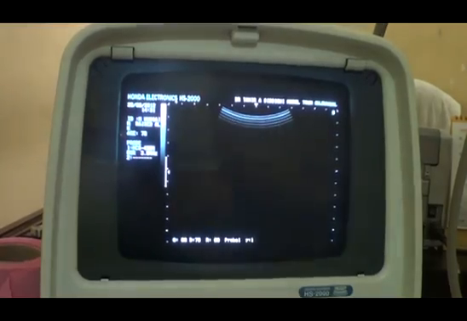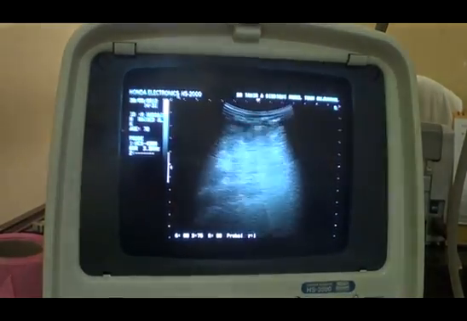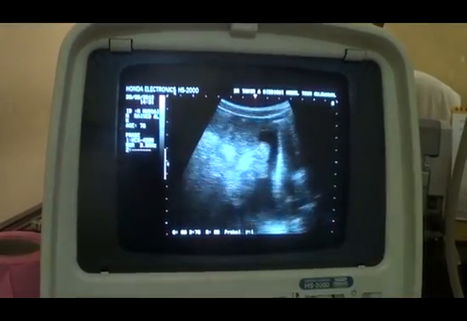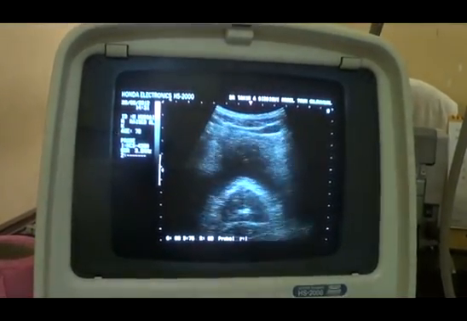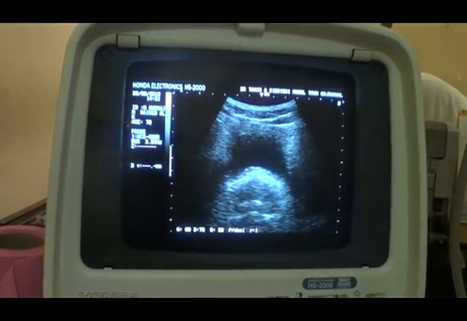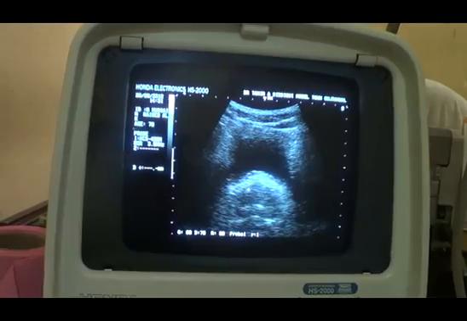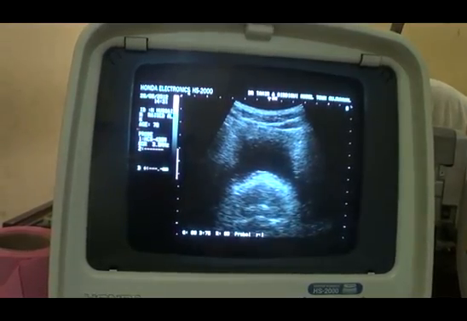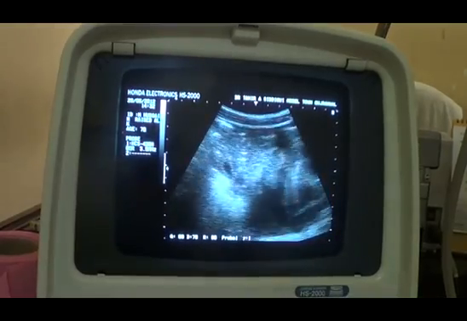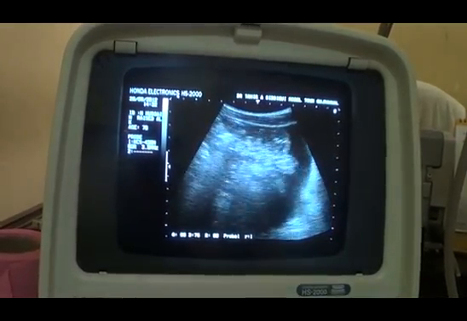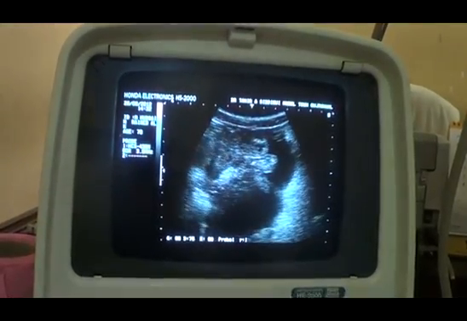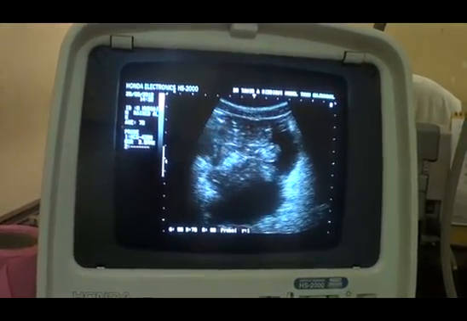So let's go to the pelvic region. This is the urinary bladder. This is the urinary bladder in transverse section. This is the prostate, normal in size, and here you see that there is fluid in the pelvic cavity dependent region with the bowel segments floating in it.